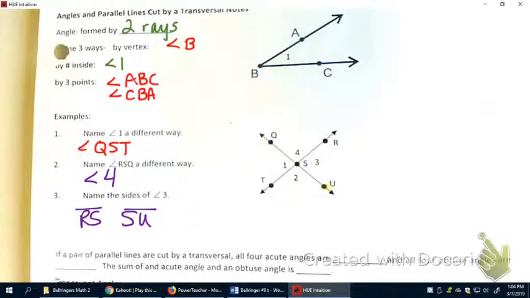Okay, I know the problem doesn't ask this, but I want you to think about angle 2. I'm just going to write it out here to the side. I want to figure out another way to write angle 2. I'm going to give you a second to see if you can figure it out, and then we'll talk about it.